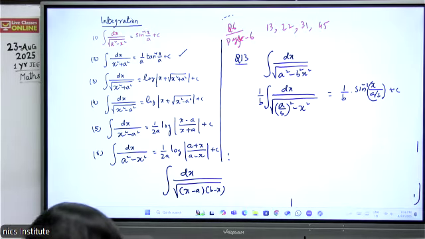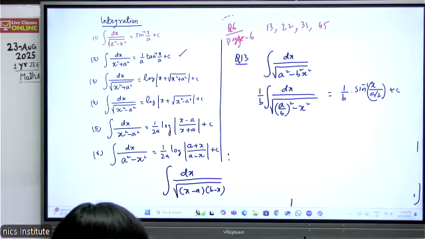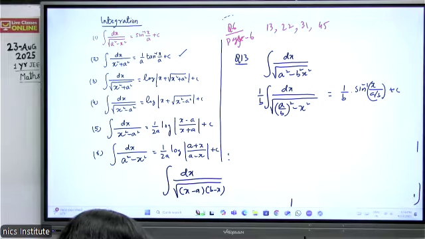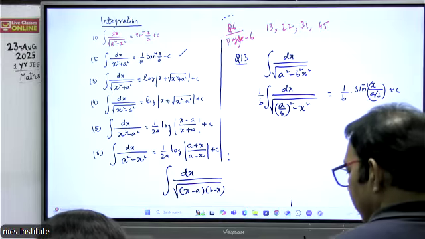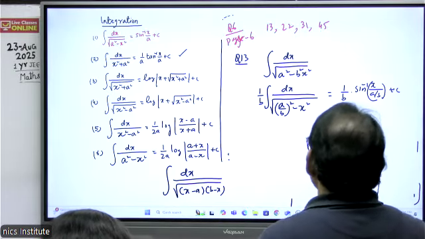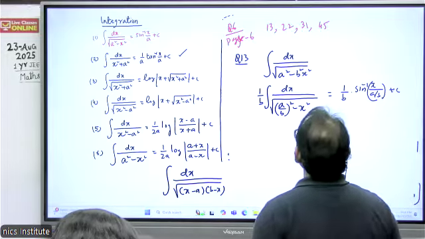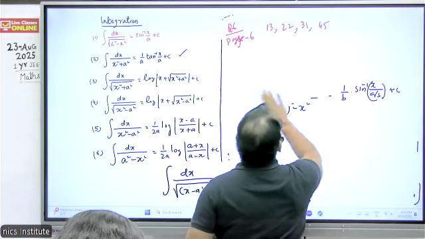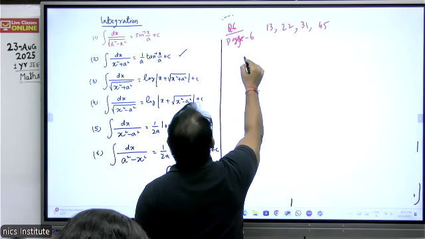This is a new style. Here, alpha is a constant. Open it using sin(a plus b). In the next question, it's a very popular question. You need to open using sin(a plus b).